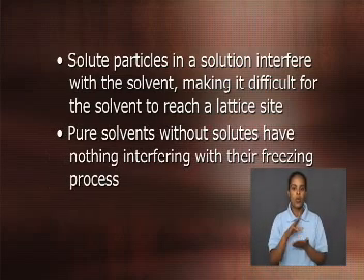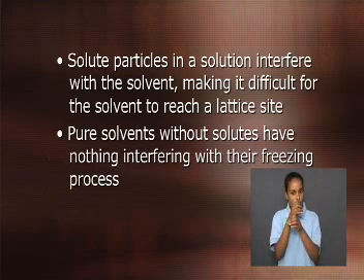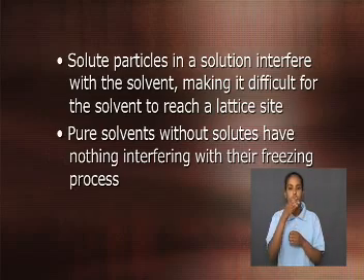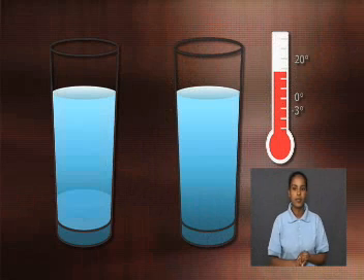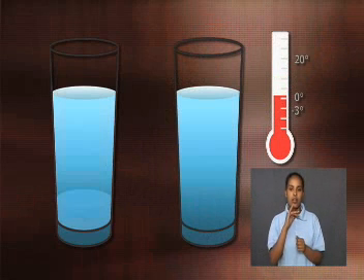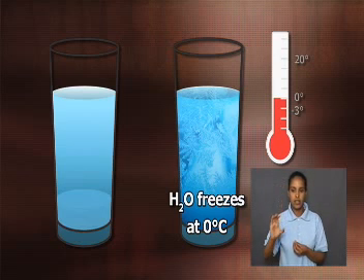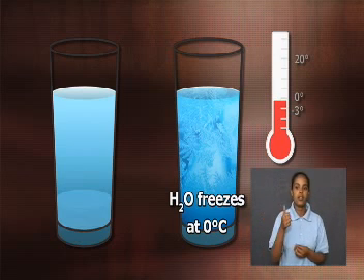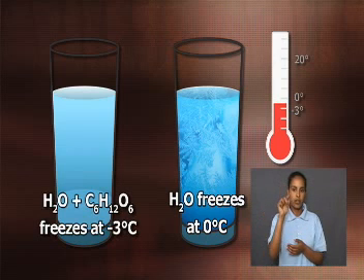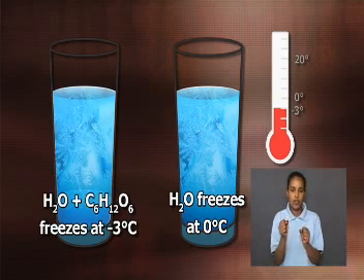Pure water on its own contains no solute particles to prevent it from freezing. Was that your answer, students? If so, great job. The freezing point of water is around 0 degrees Celsius, whereas a solution that is 3 parts water, 1 part sugar, freezes at around -3 degrees Celsius.